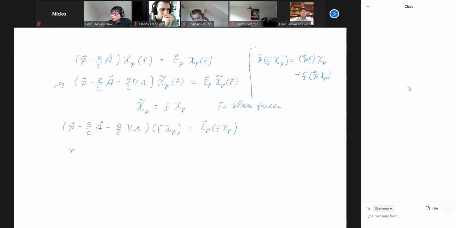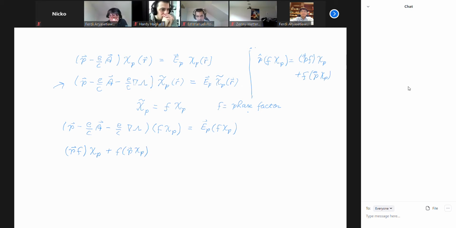So then we have pF here. Let's just call it a vector like this. We understand these are operators. pF then chi_p, and then I have F p chi_p. So that's from the p.